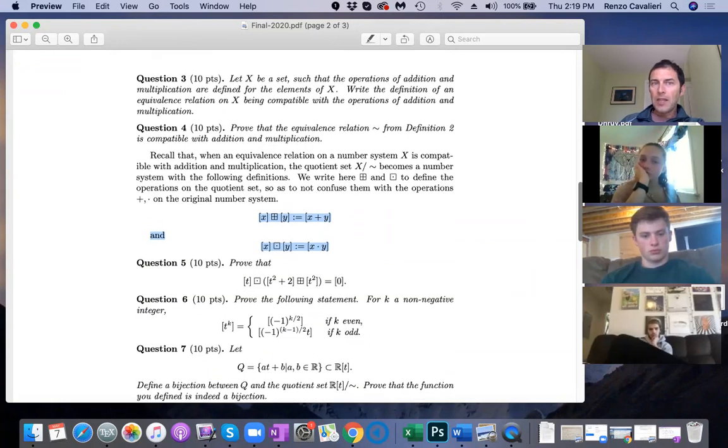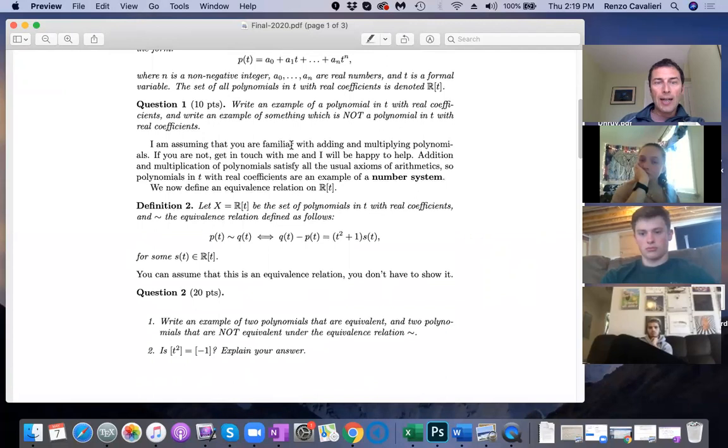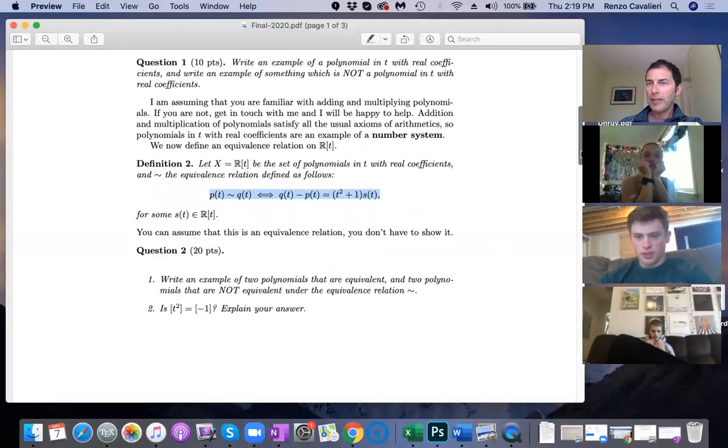So things that I'm not asking you to do here: I'm not asking you to check that this is an equivalence relation, that this rule satisfies reflexive, symmetric, and transitive. You can take it for granted. I take responsibility that I gave you a good equivalence relation.